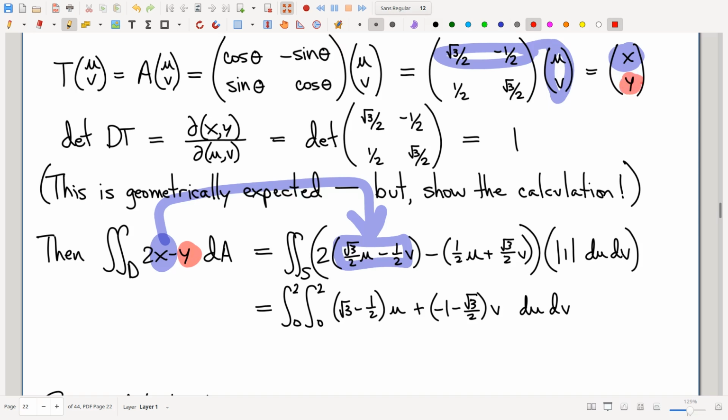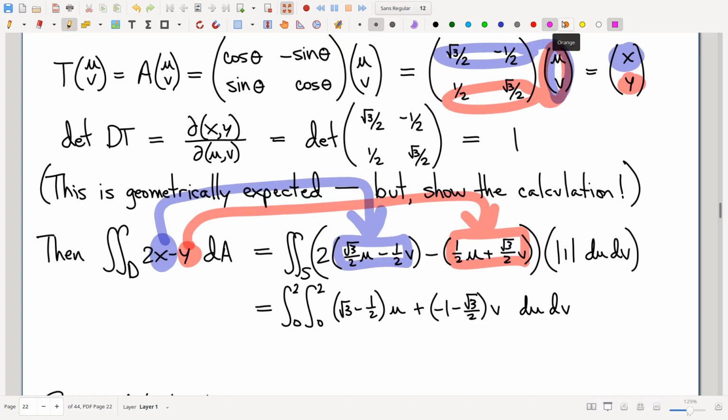Well, y is that dot product. So we just plug it in. The plug-it-in part, again, is the easy part. It's just a matter of identifying what your formulas for your change of variables function are, and sticking them in there. The tricky part is to remember to insert the absolute value of the Jacobian determinant. So the absolute value of 1, of course, is just 1.